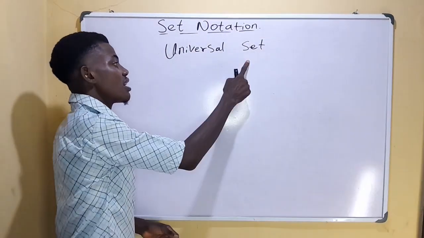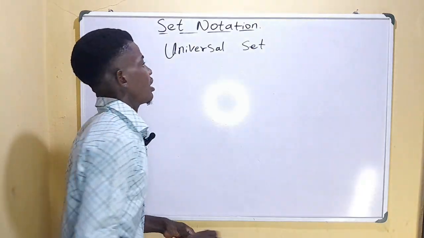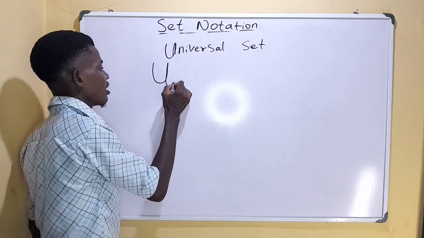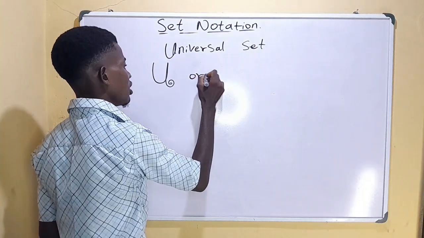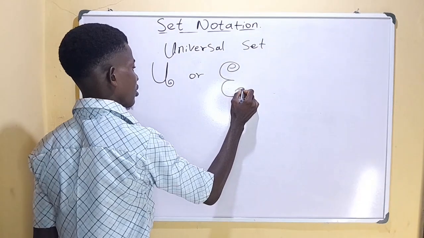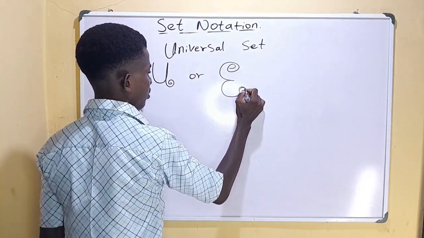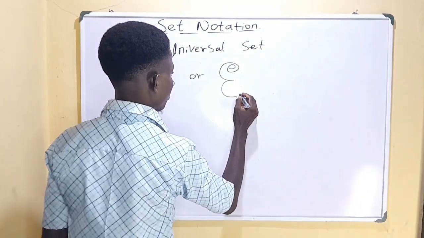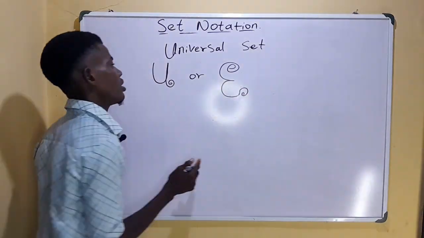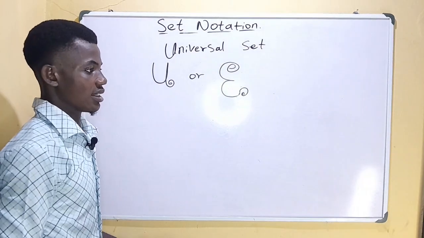But this is a universal set containing the whole set. And we use this to denote the universal set, or this. So we use these two to denote universal set.